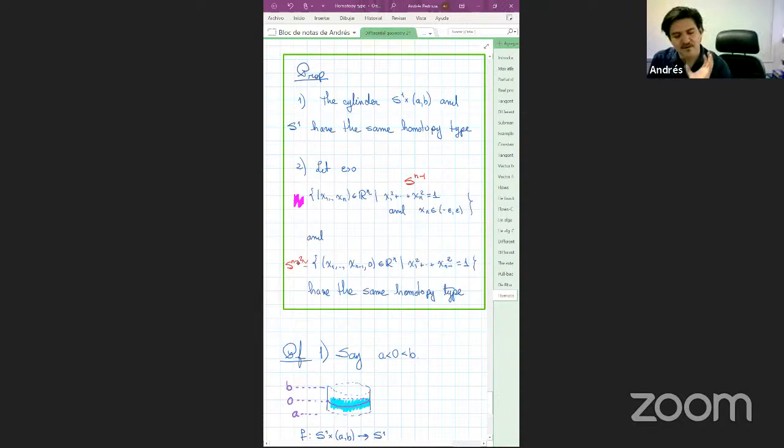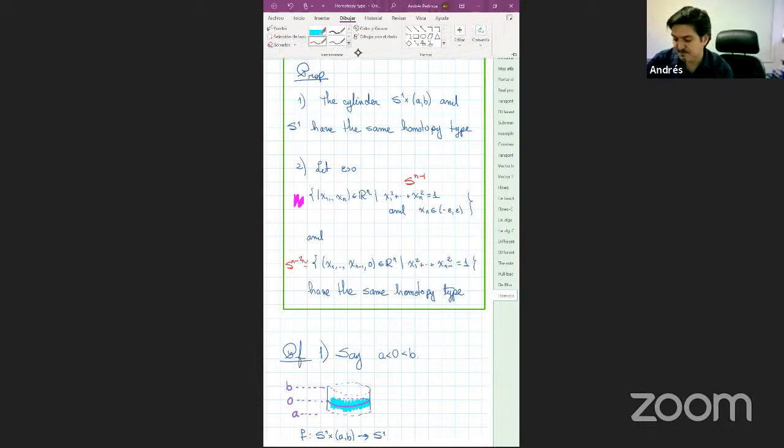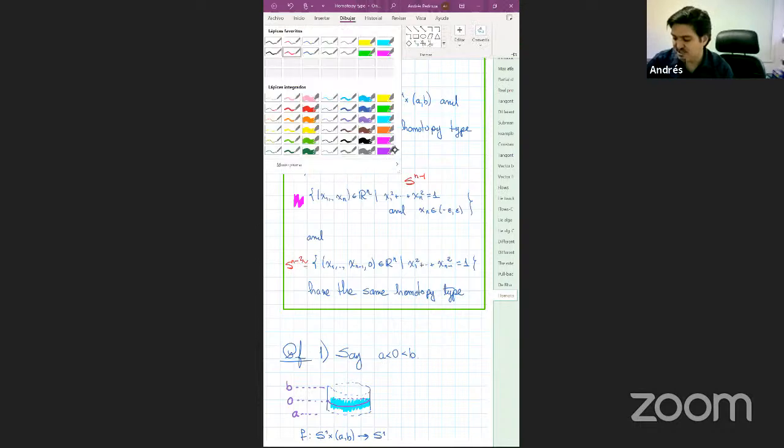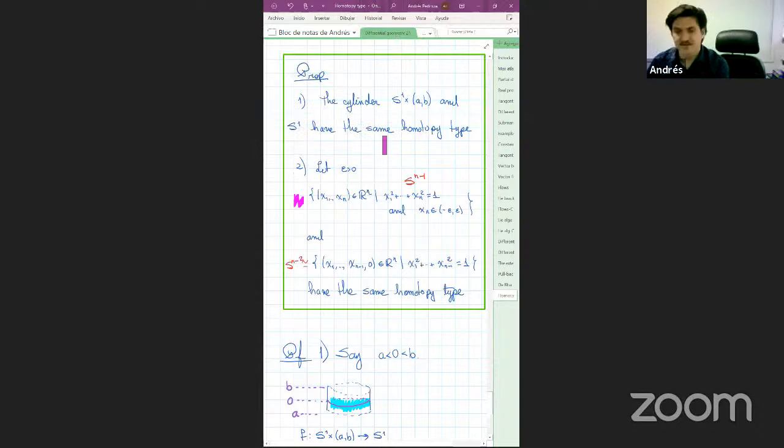It's an equator of the sphere. So the whole idea to compute the cohomology of the spheres will be by induction, because once we know this, we will be able to compute the next dimension, and so on.